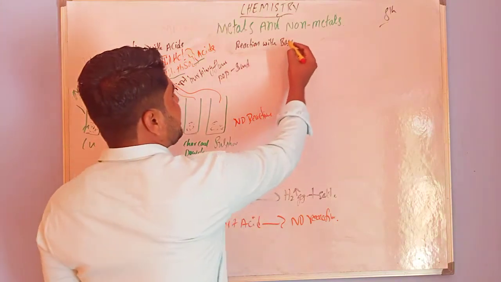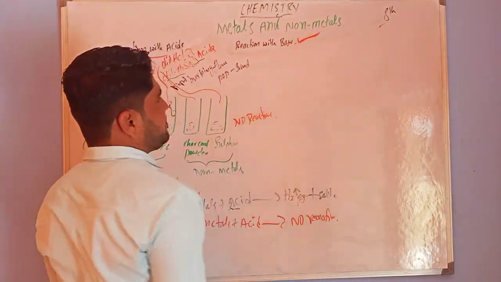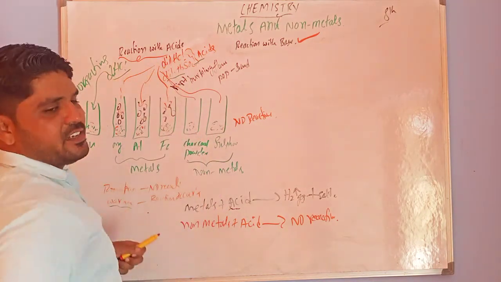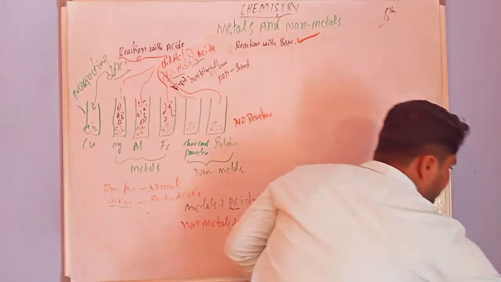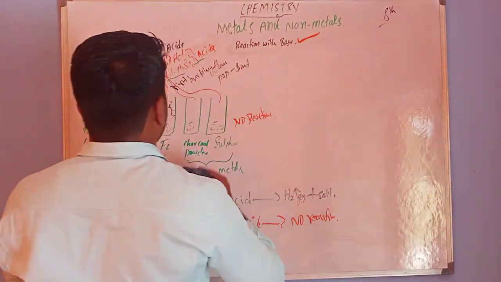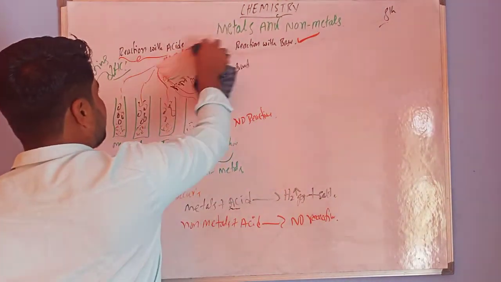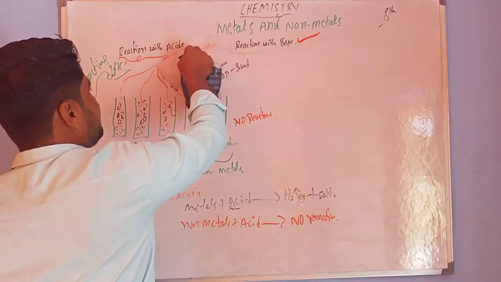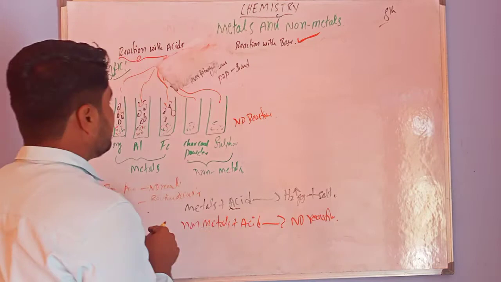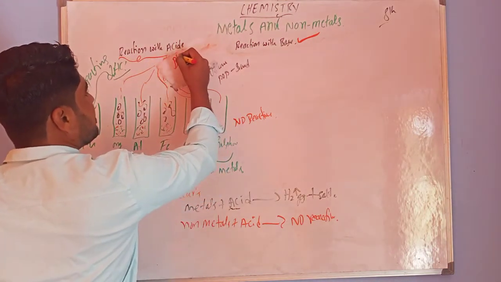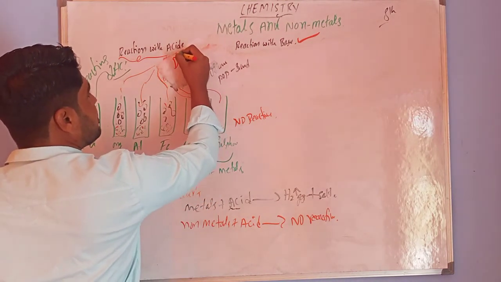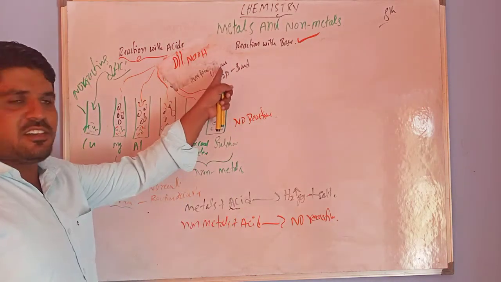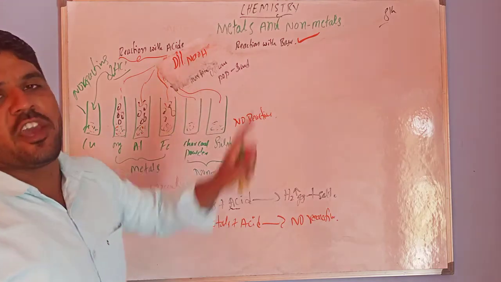So the next point is reaction with bases. Instead of acid, I am going to use a base called dilute NaOH. NaOH is the base, or KOH.